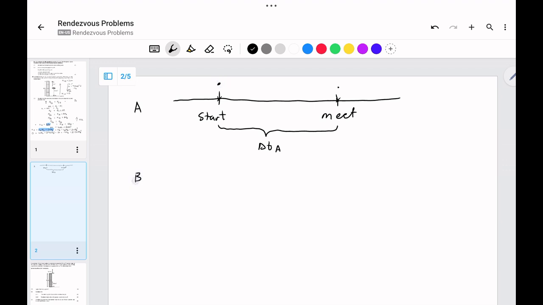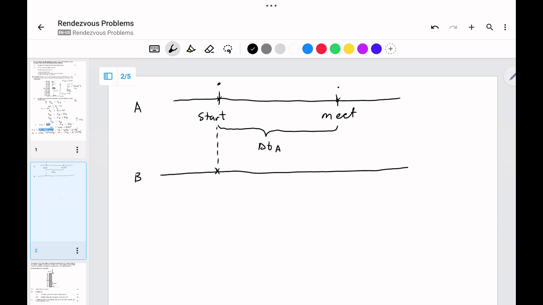And now we're going to look at delta t for B. I'm going to superimpose the times together. I will synchronize the time. So this here would be the start time for A. B is still going to be sitting on the balcony at the time that A starts flying.